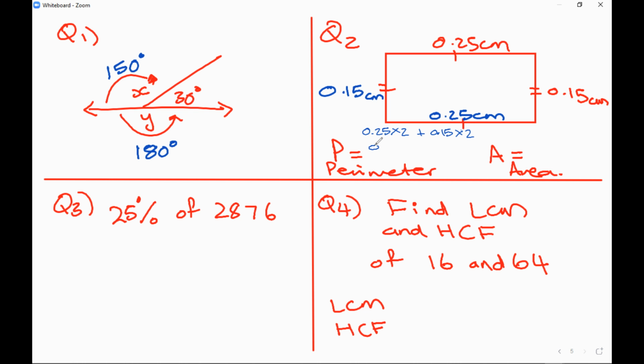And this will become 0.5 plus 0.3, and that will become 0.8. Cool. That's going to be 0.8. Don't forget it's perimeter, which will be centimeters. Let's double check it: 0.5, 0.3, 0.8.